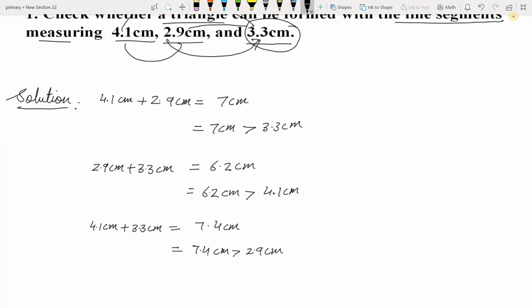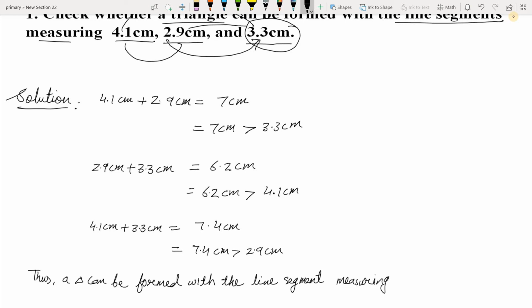Students, since the sum of every pair of line segments is greater than the third line segment, thus a triangle can be formed with line segments measuring 4.1 cm, 2.9 cm and 3.3 cm.